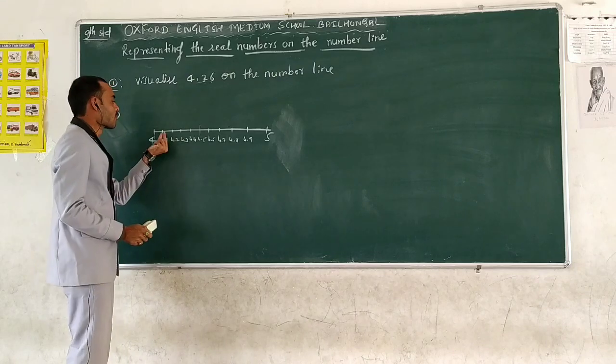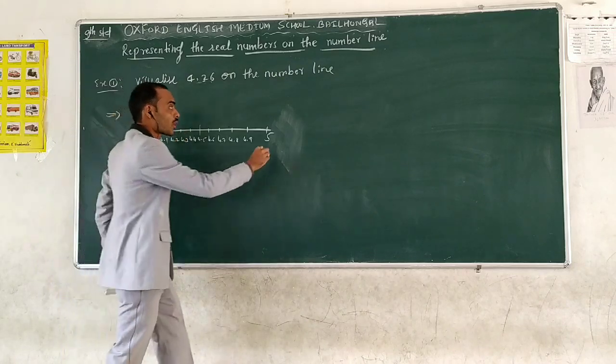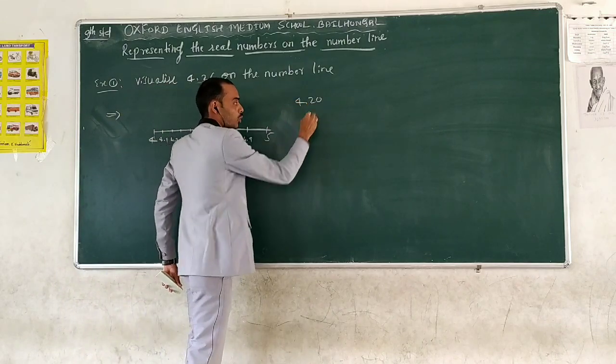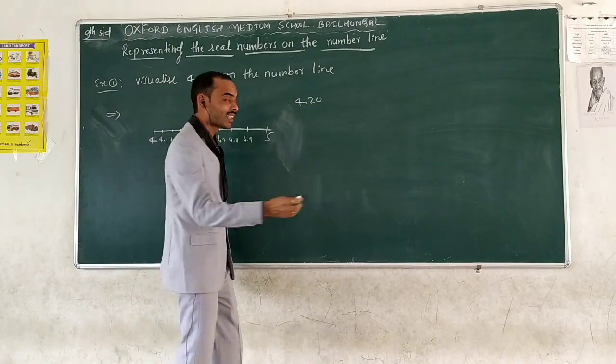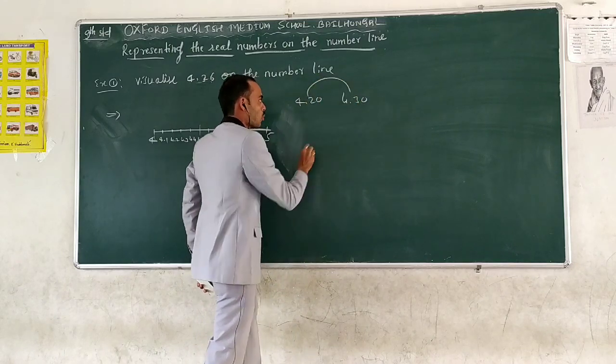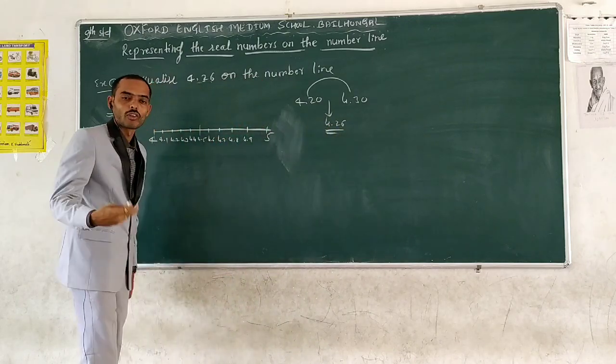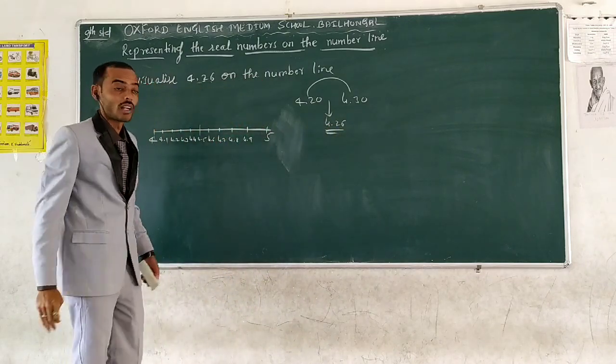4.26 is in between 4.2 and 4.3. 4.2 can be written as 4.20, and 4.3 can be written as 4.30. In between these two, 4.26 is there. So, next we have to take one more number line.